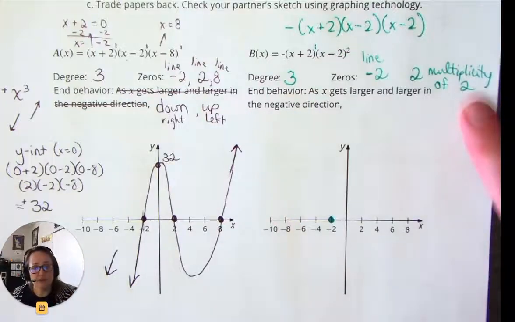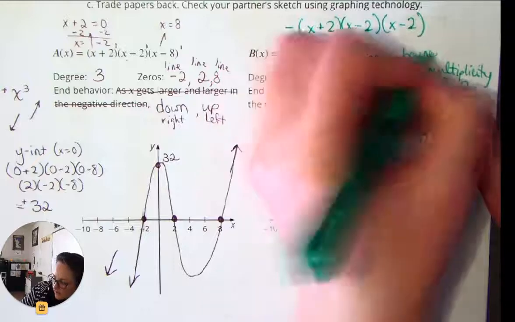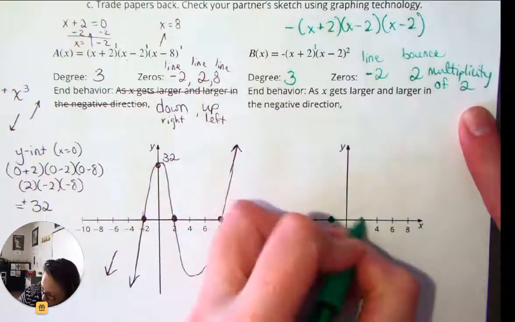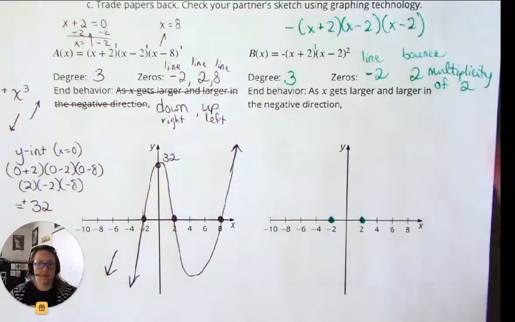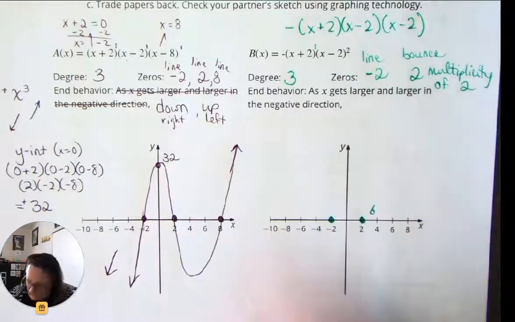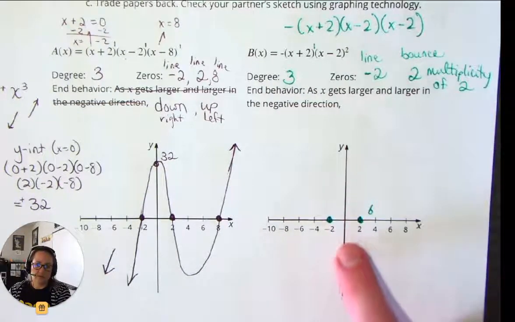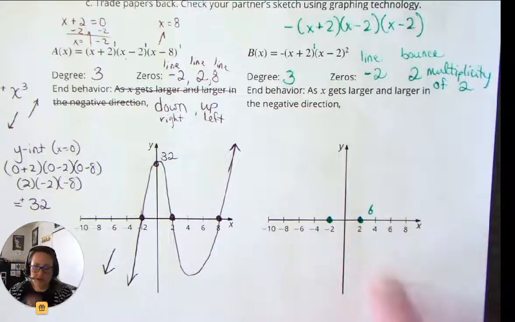It's happening 2 times. I'm going to have a bounce on the graph here at 2. So I'm going to put a B there for a bounce. Okay, that's just my little reminder. This one's going to bounce. I don't know if it's going to bounce from the top and back up, or from the bottom and go back down, but it is going to hit that axis and then bounce away.